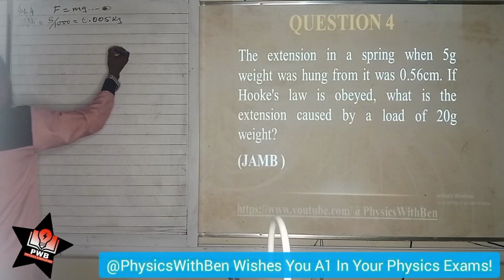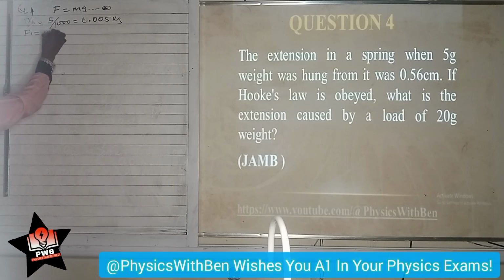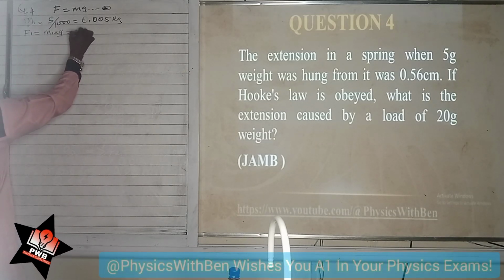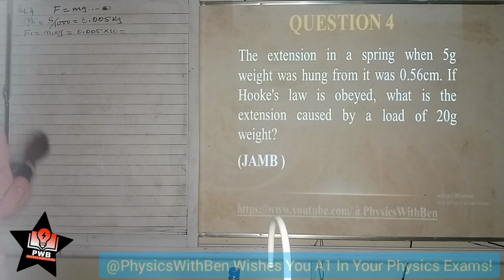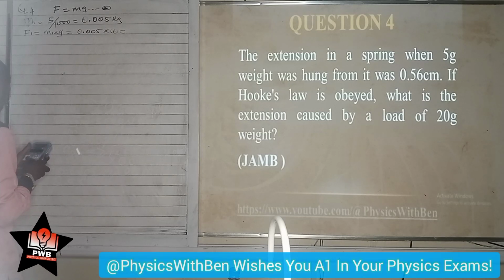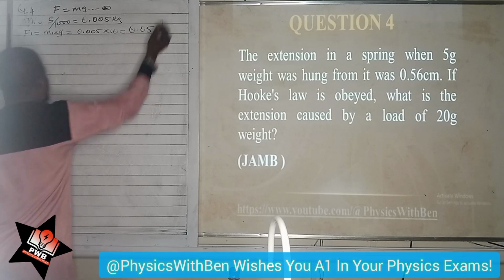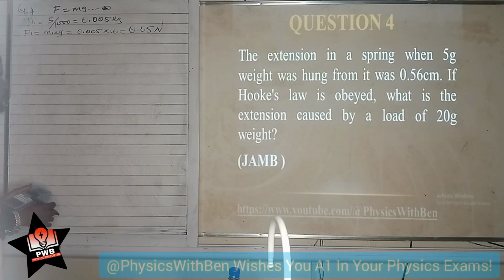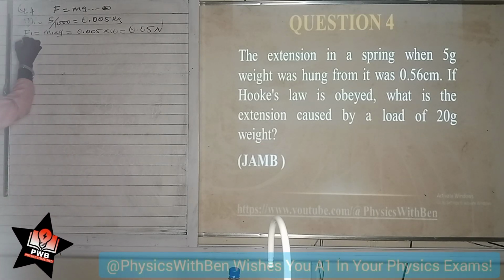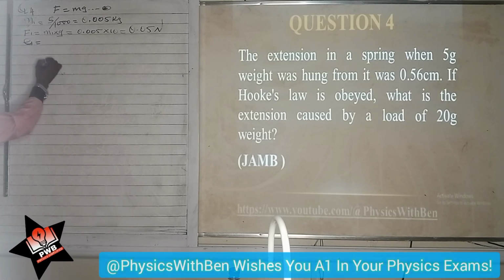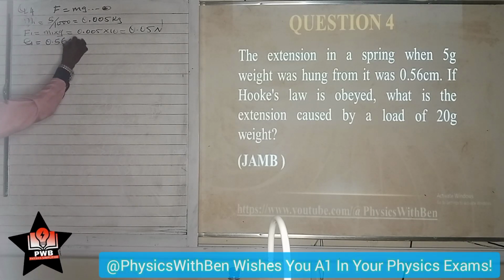0.005 kilogram. So our F1 is equal to m1 times gravity, which is 0.005 times 10, and that will give us 0.05 Newton. That is the value of the first force. That force gave an extension E1 of 0.56 cm.